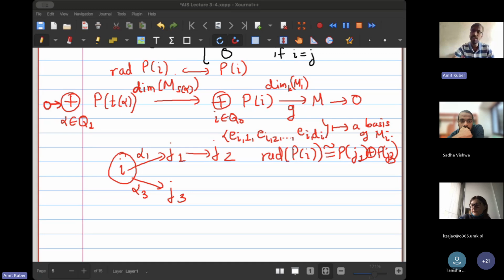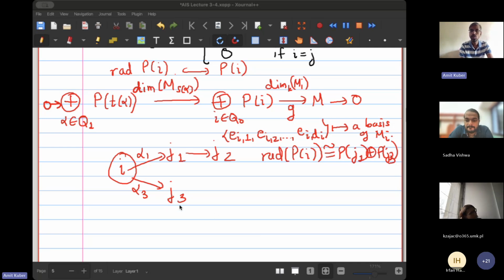Then the radical would be a totally different quiver. Will the radical be isomorphic to P_J1 only, only the targets? As long as we are not taking any relations and not introducing any cycles, you have to repeat the whole procedure for that quiver.